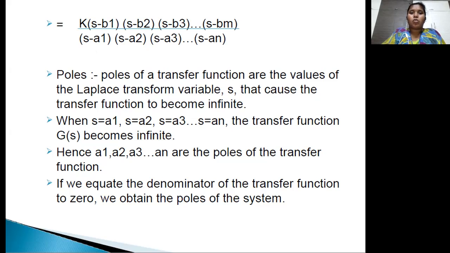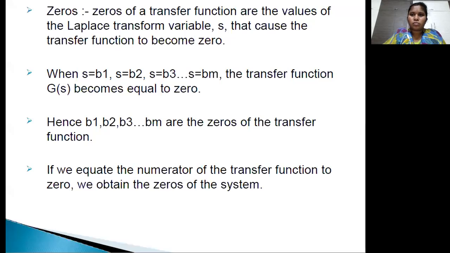So next we will go with the zeros. What is meant by zeros? So here we will discuss zeros. To consider the poles, we consider only the denominator of the transfer function equation. But to obtain the zeros, you have to consider the numerator of the transfer function. So what is the numerator of the transfer function here?